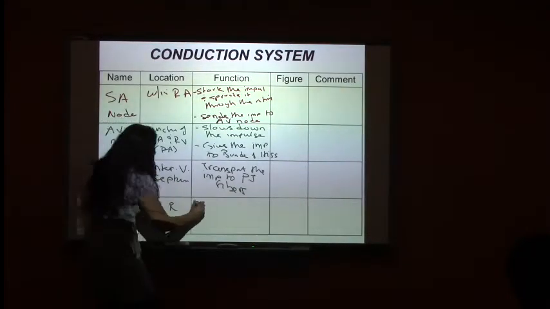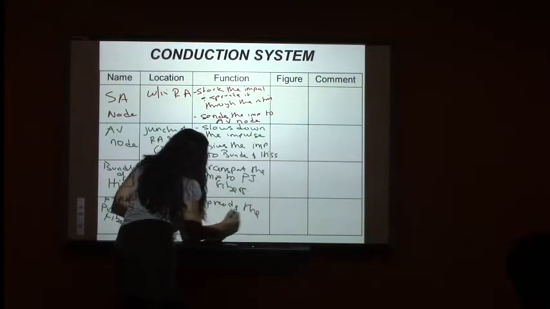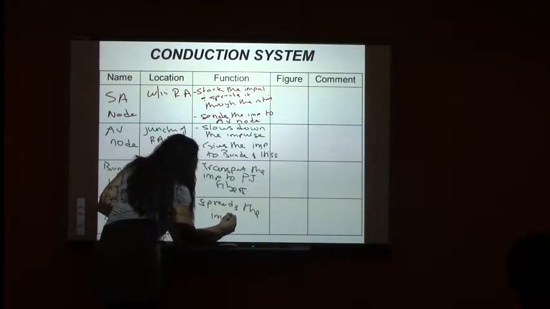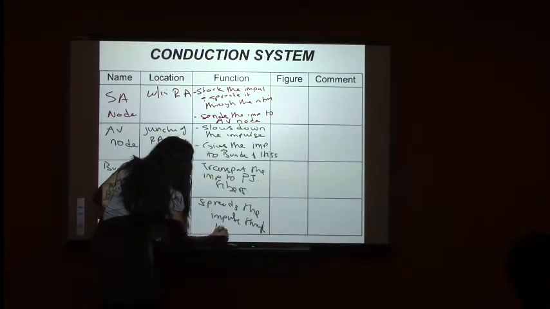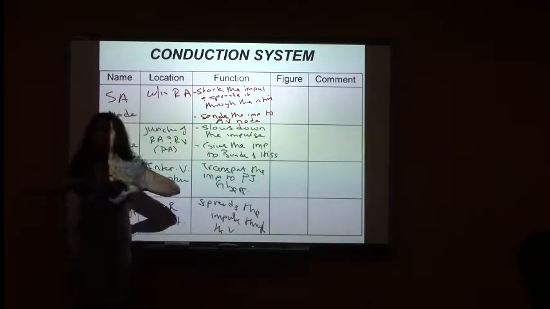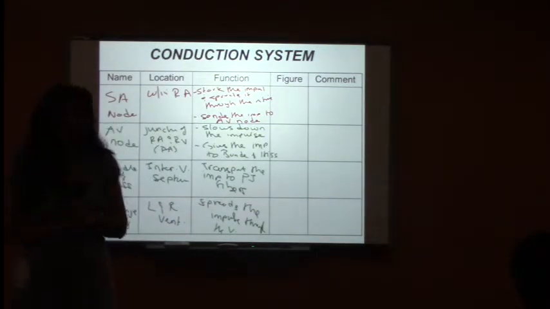Function: spreads the impulse throughout the ventricles. So Purkinje fiber just spreads the whole impulse throughout the ventricles.